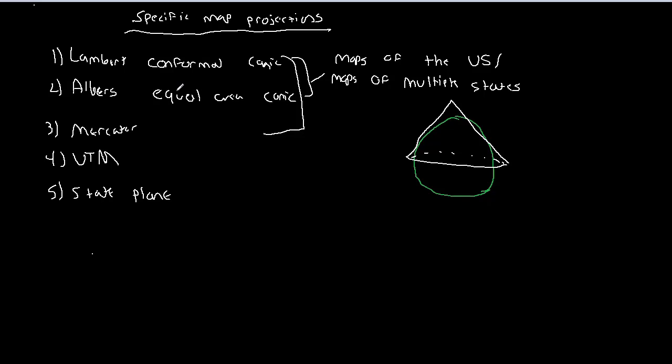I didn't spend any great length going into the different kinds of distortions because they're all distortions. But basically we can create different types of map projections that account for different types of distortions. The conformal projection tries to maintain angles.